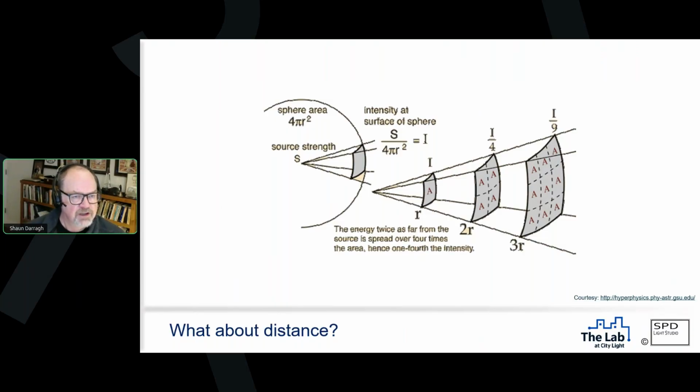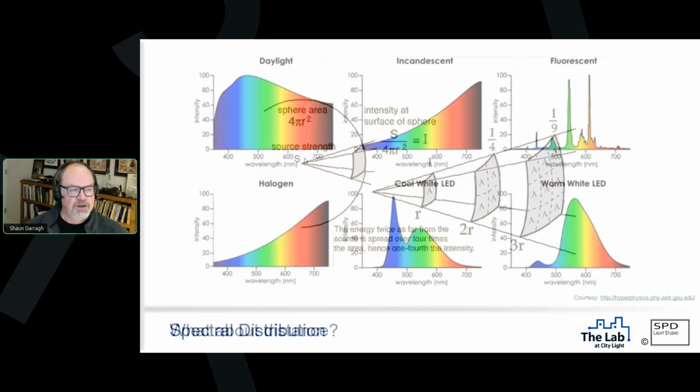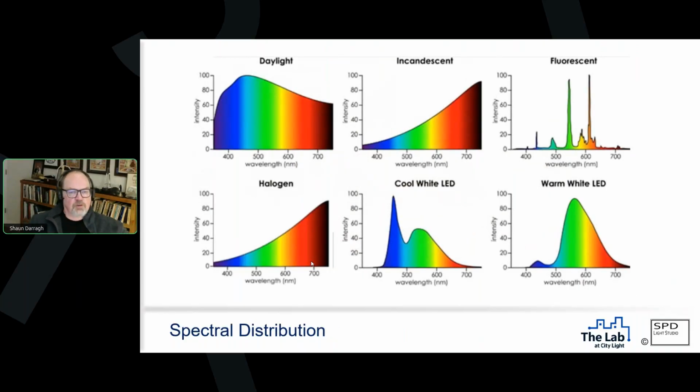So a couple more kind of definition things. One is spectral distribution, or sometimes called spectral power distribution. This is how we can talk about how light sources will render colors around us.